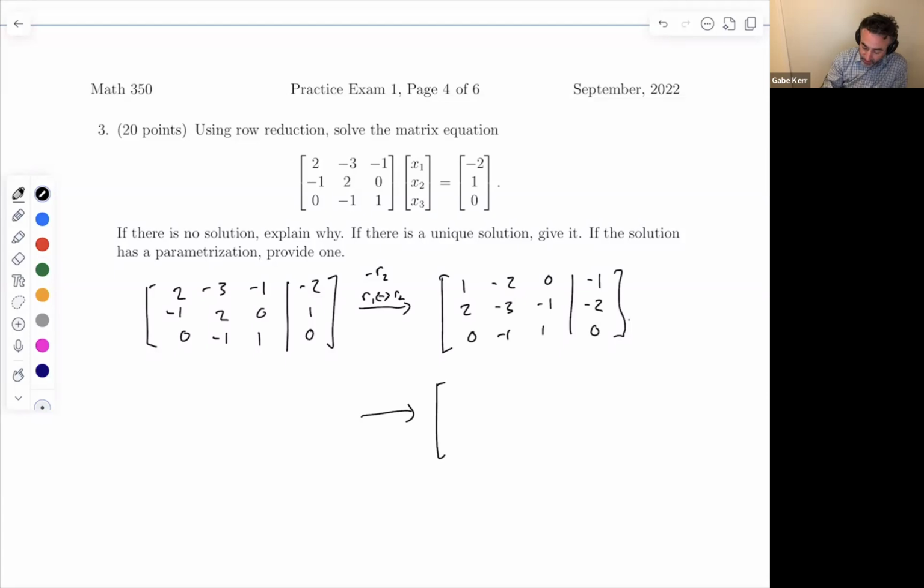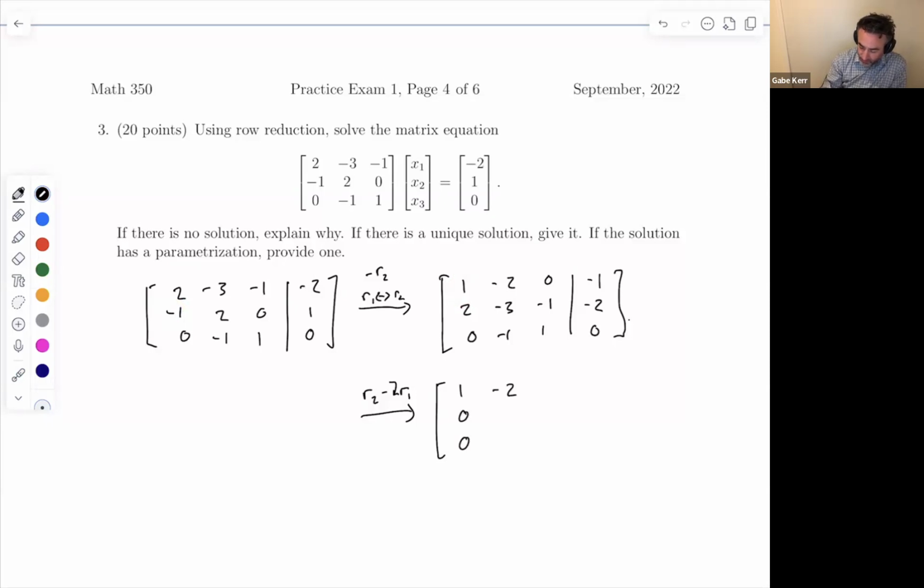Now I'll send row 2 minus 2 times row 1. I like to get my ones in, if I can. I like to bring the 1 to the pivot position. In other words, if I see something that's easily made a 1, I'm just going to put it in that pivot position. That way I can easily reduce the guys below it.